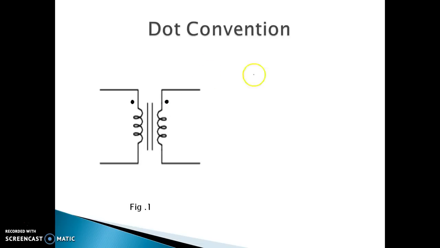Again, let's see one example to show the direction of the current. In this diagram, the primary current, that is IP, flows into the dotted end, whereas the secondary current will flow out of the dotted end of the secondary winding.